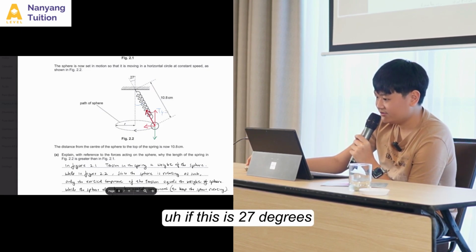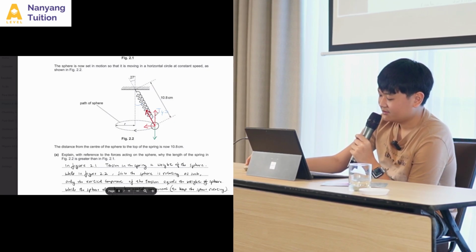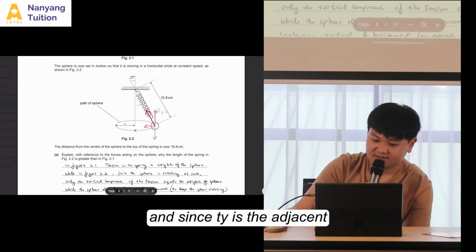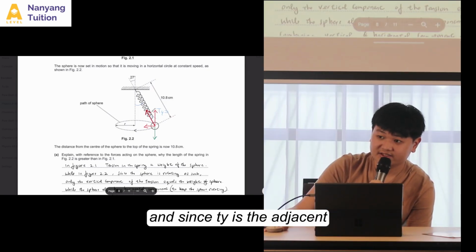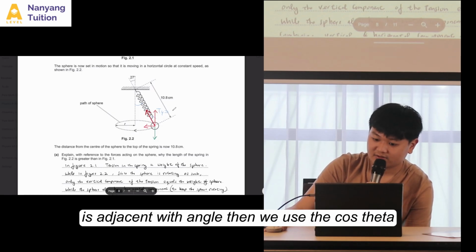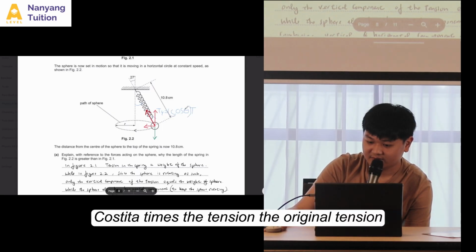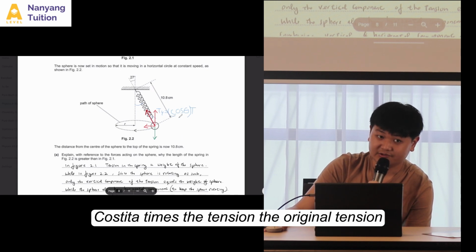If this is 27 degrees, that means this is 27 degrees. And since Ty is adjacent to the angle, then we use cos theta times the tension, the original tension.